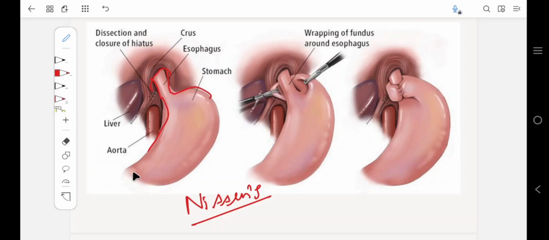First, we reduce the hernia contents to the abdominal cavity using gentle traction. If adhesions prevent visualization of the left crus of the diaphragm, we divide the short gastric vessels to mobilize the fundus and safely expose the left crus of the diaphragm.